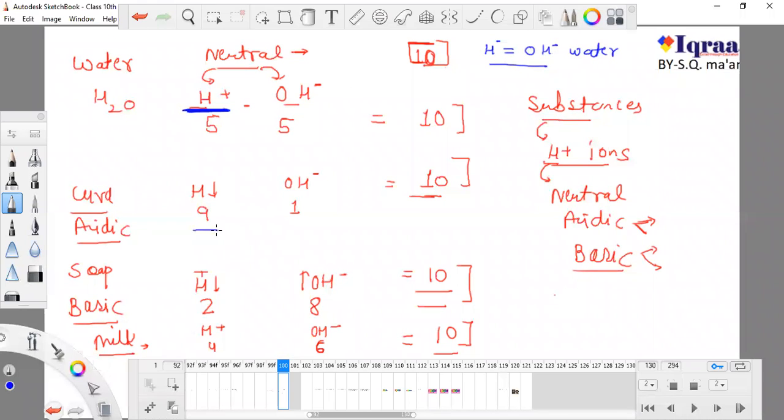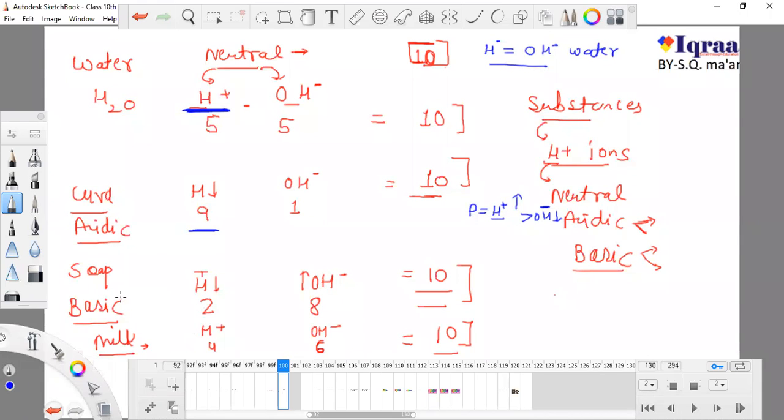If I'm using acid, I will say that the power of H plus ion is more and the power of OH minus ion is less. In the example of curd, the power of H plus ions is more, as in an acid.